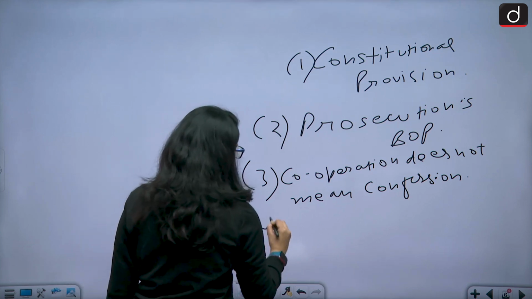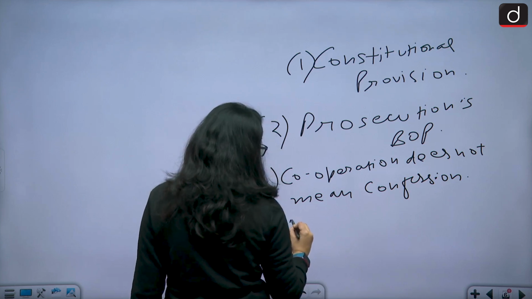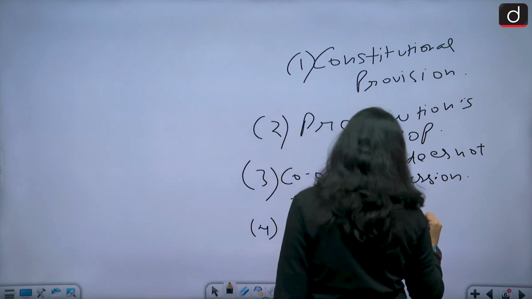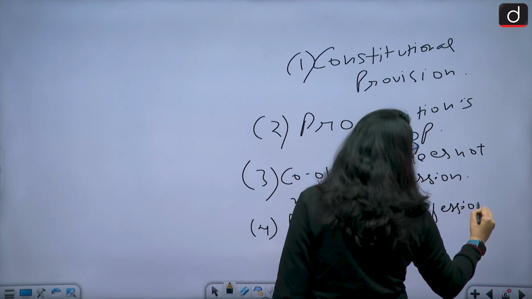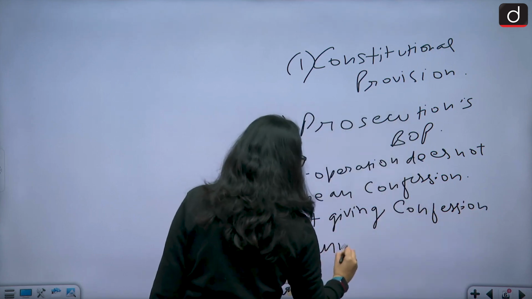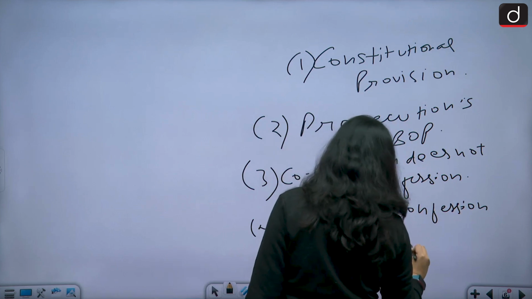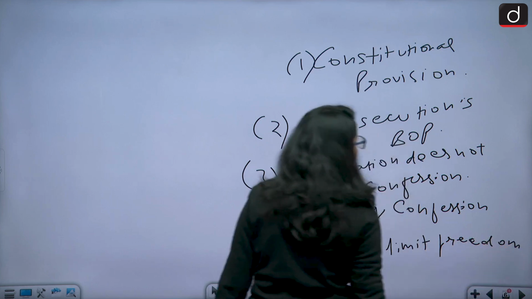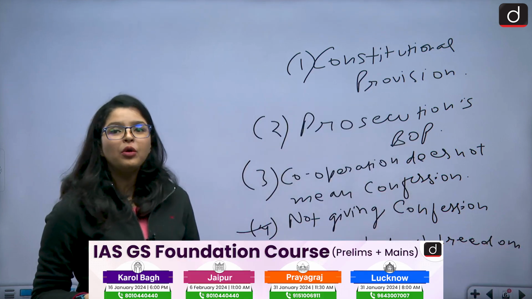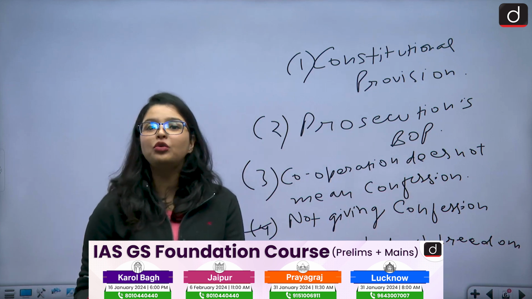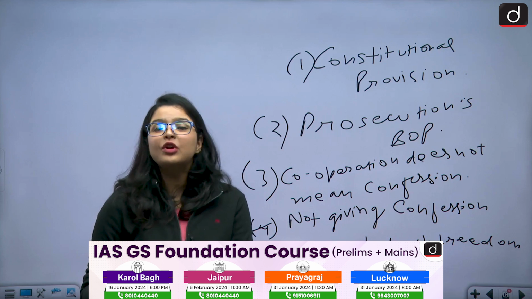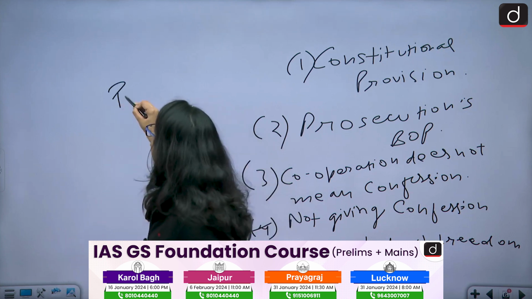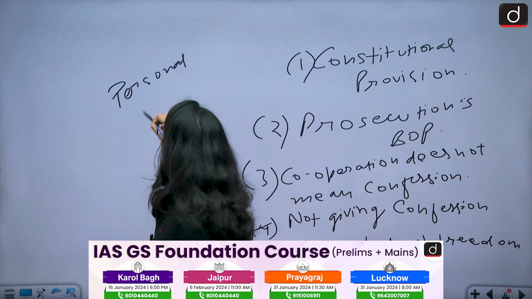And lastly, not giving confession cannot limit freedom. So what do I mean by this? What does the Supreme Court mean by this? Just because a person is refusing to give confession, you cannot violate their personal freedom under Article 21.